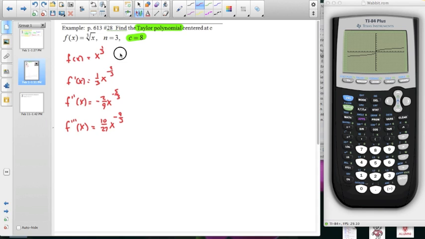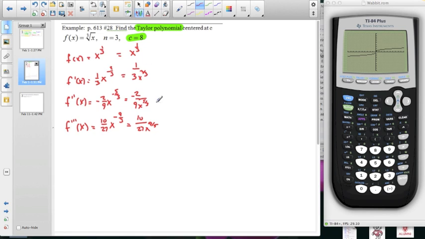If we look at this, the first derivative is really 1 over 3x to the 2/3. And this is really negative 2 over 9x to the 5/3. And this one is really 10 over 27x to the 8/3.